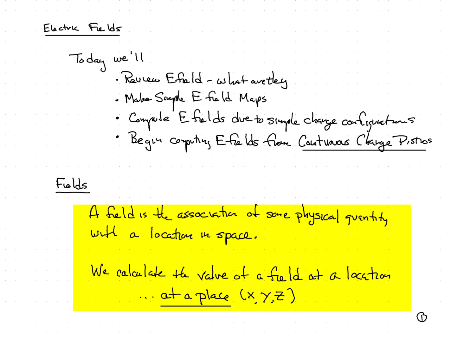Once we've done talking about some E-fields, we'll talk about some maps, we'll talk about how to do some calculations, and we'll maybe get to, but probably not, computing E-fields from continuous charge distributions. So remember, a field is the association of some physical quantity in space, and we calculate it at a location in space.